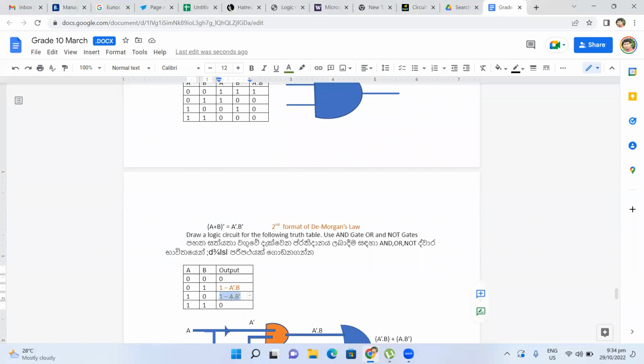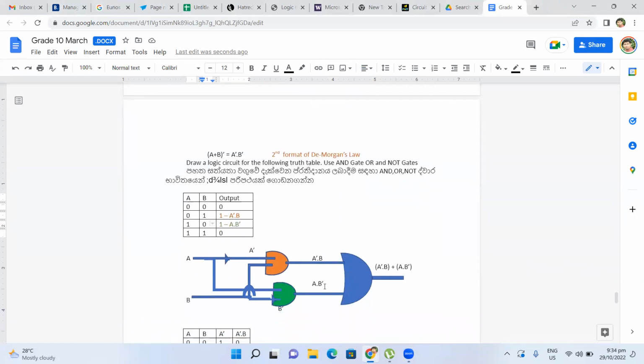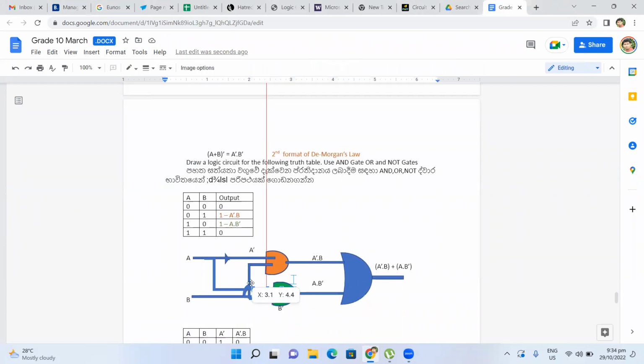For sure, it is 1, because you know the nature of AND gate. If both are 1, then that will be 1. Here, both are 1 when A not is 1. Here, both are 1 when B not is 1. So if you OR them together like this, that will create that gate. That is the magic.